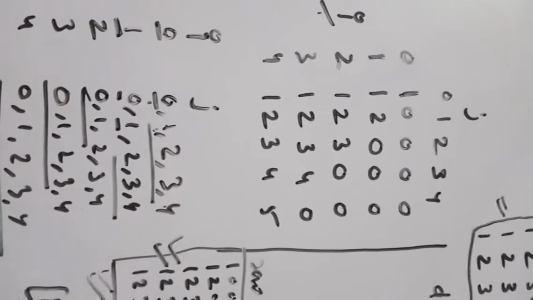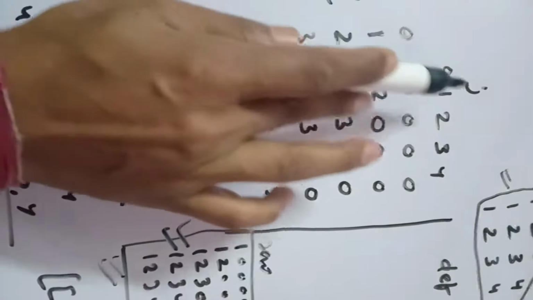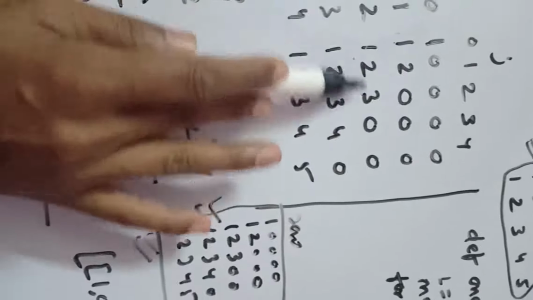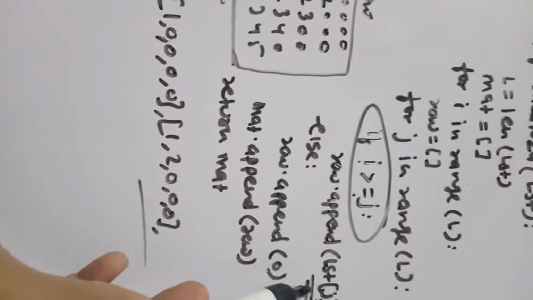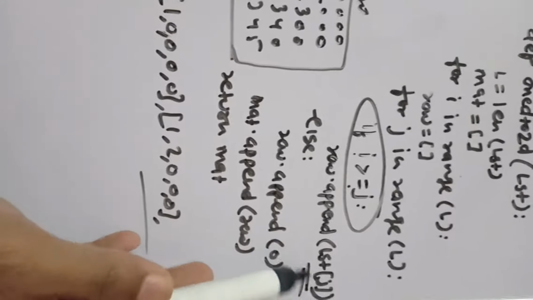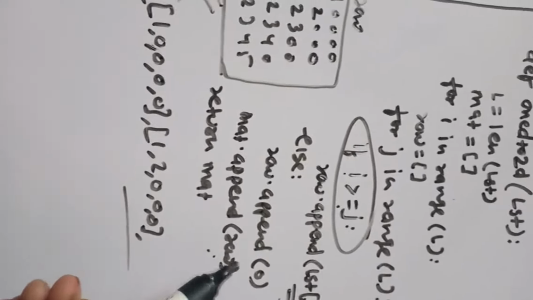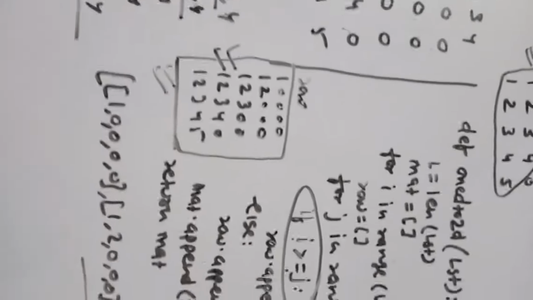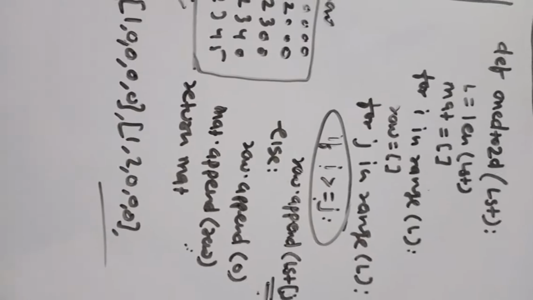Because at all positions where I is greater than or equal to J, the values are placed, else zeros are placed. So accordingly, we place the logic. The inner list is created and the inner list is appended into the main list. So this is the way by which we can convert a linear list into the same sized matrix.